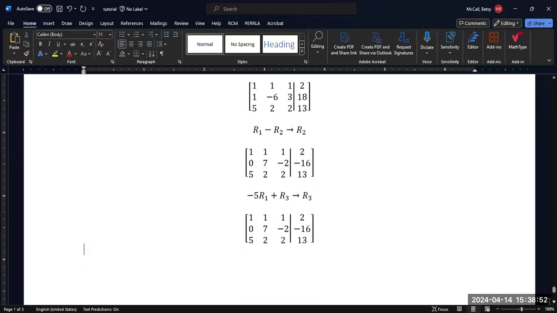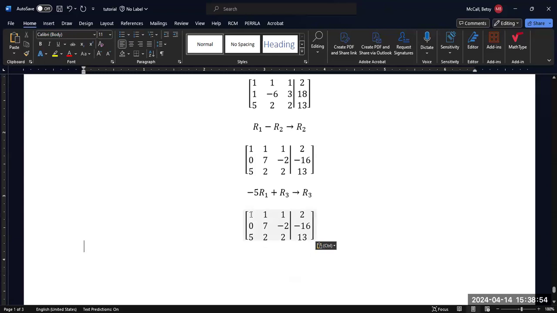Now let's think about what that means. So -5 times this plus this is going to give me 0. -5 times 1 is -5 plus 2 is going to give me -3. -5 times 1 plus 2 is going to give me another -3. -5 times 2 is going to give me -10 plus 13 is going to give me 3.